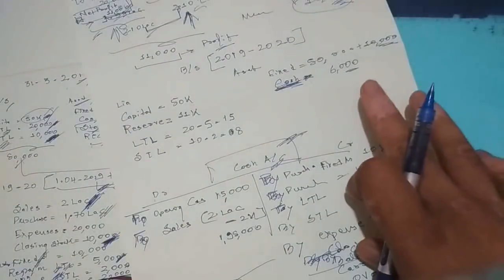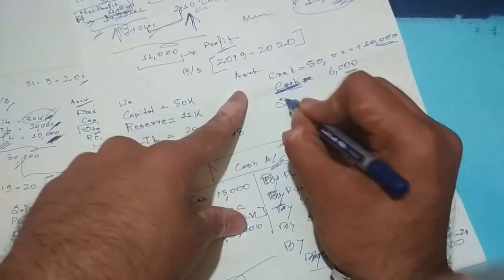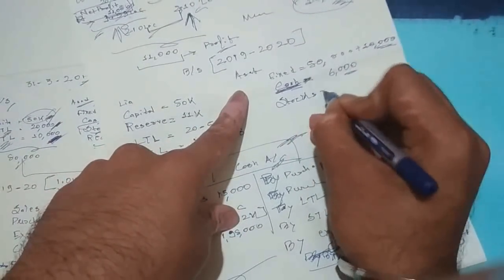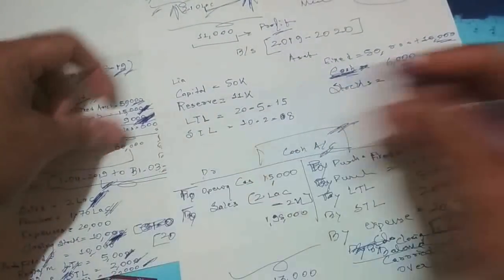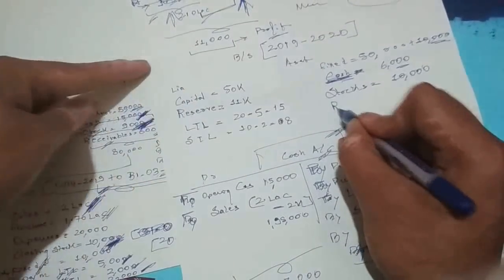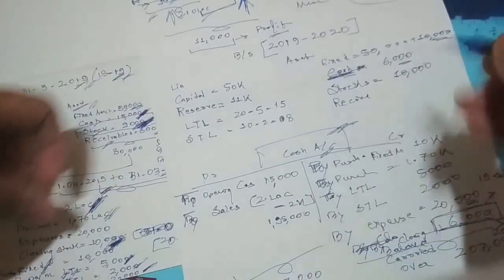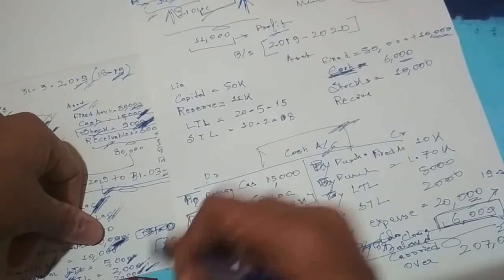So we have found the 6,000 of cash here. Now what all stocks we had, since it's the closing stocks, directly wrote 10,000 of rupees, and receivables, it is saying increase in the receivables of rupees 2,000.